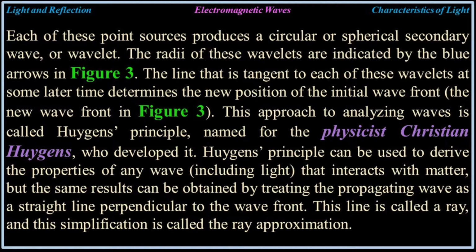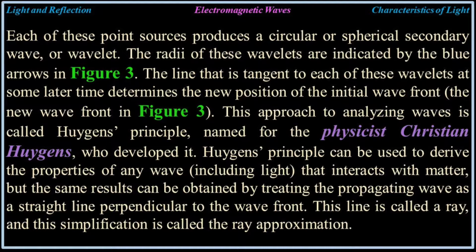Each of these point sources produces a circular or spherical secondary wave or wavelet. The radii of these wavelets are indicated by the blue arrows in Figure 3. The line that is tangent to each of these wavelets at some later time determines the new position of the initial wavefront, the new wavefront in Figure 3.